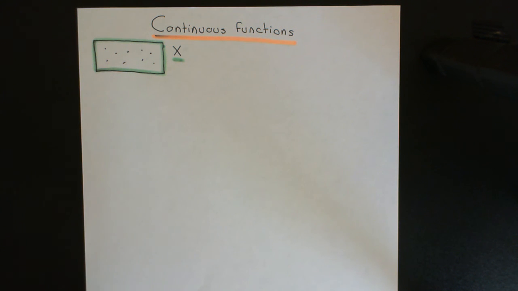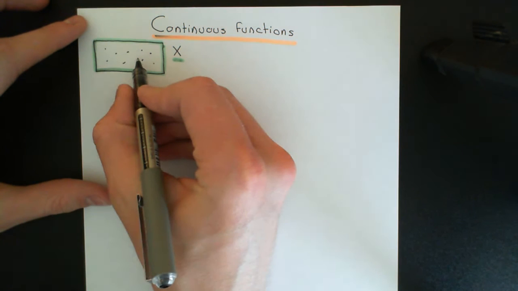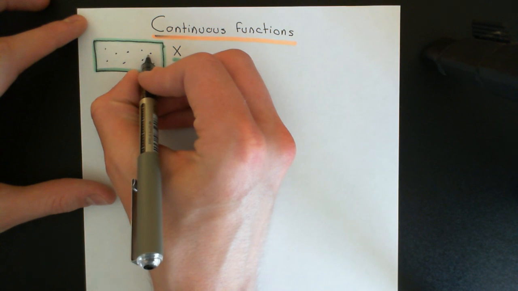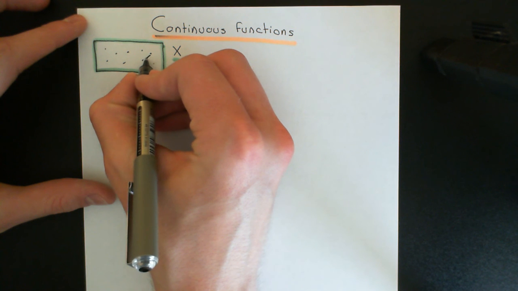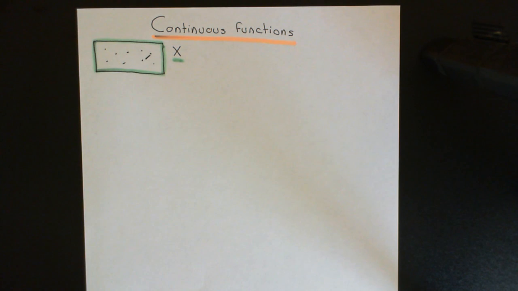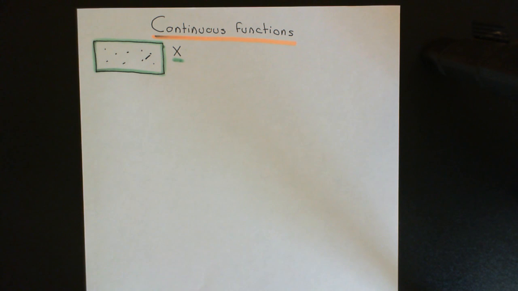Informally, the intuition for how I'm going to define which points in this set are next to each other is to draw lines between the points in this set and the points that are next to them. I'm going to have little lines between points in the set that are next to each other in the set.